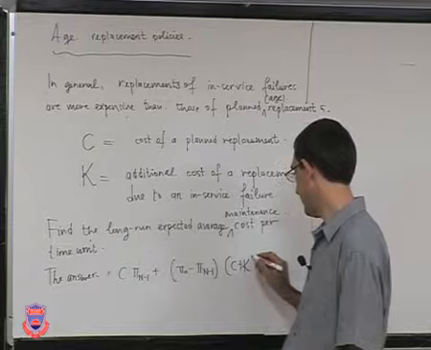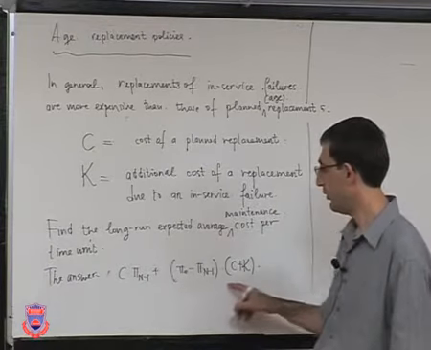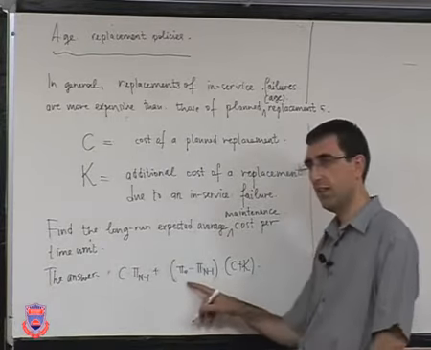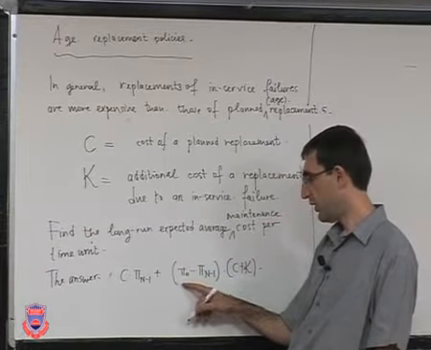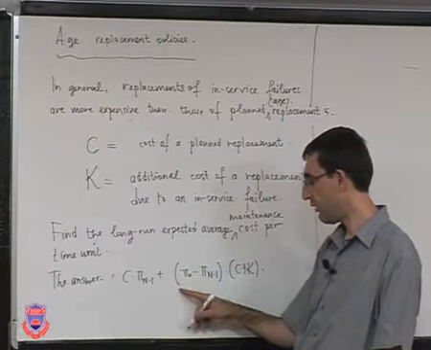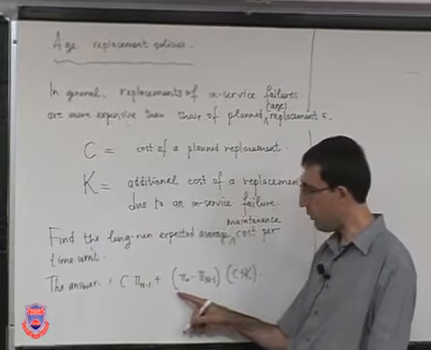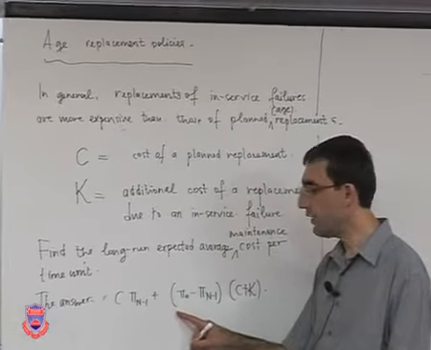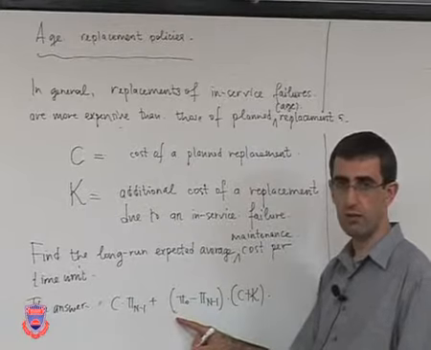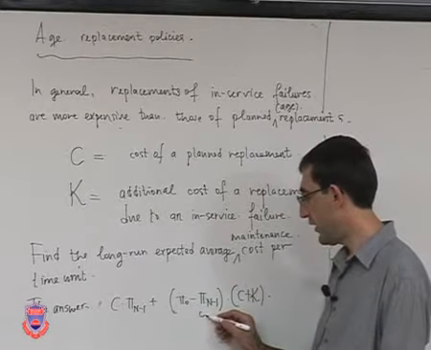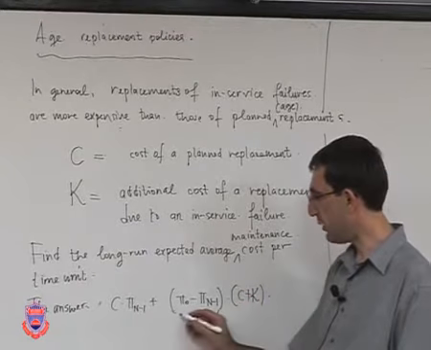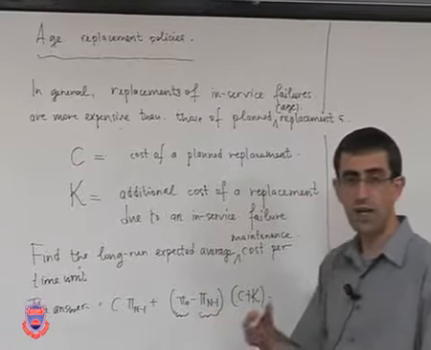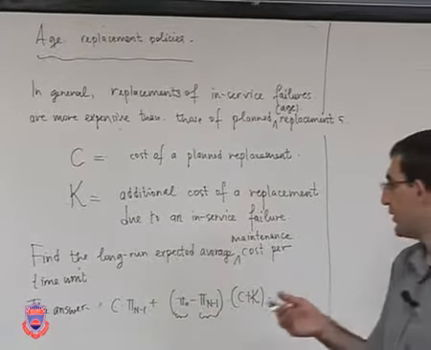That's great. But you should explain to us what this is. This is the fraction of time when you have to make a replacement because an in-service failure happened. The fraction of time when you make a planned replacement is one term, and the fraction of time you make a replacement is the other, so the difference has to give us the in-service failures.